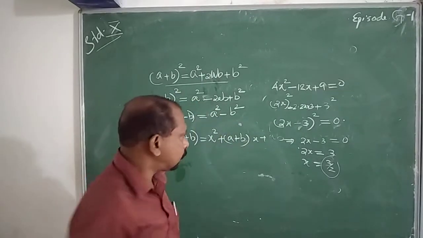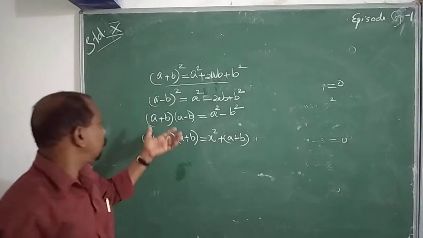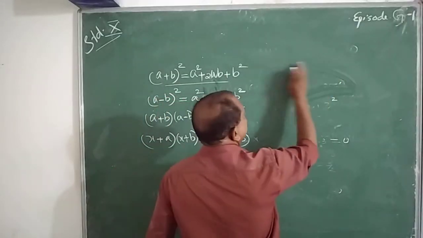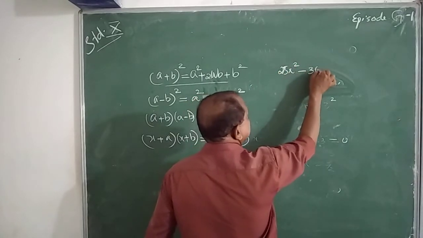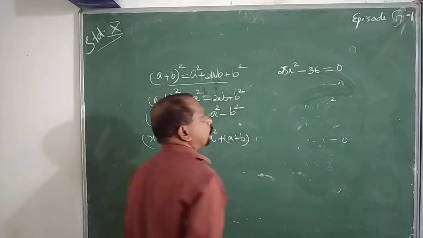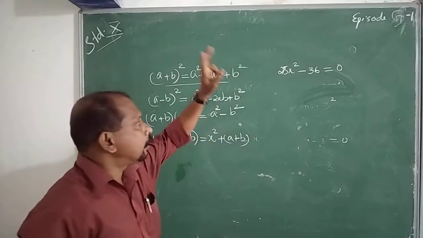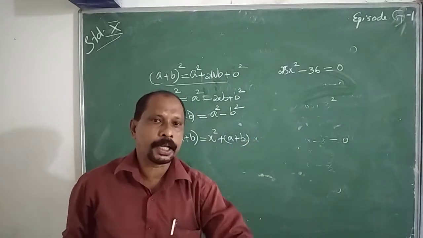Then the third example is 25x square minus 36 is equal to 0. What is the difference between the first example and this example? In the first example there is an x square term, then an x term, then a constant term.